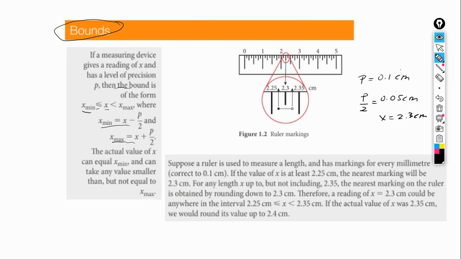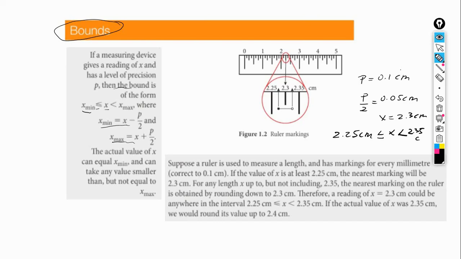And what this means is that our x minimum would be 2.3 minus 0.05. So that would give us 2.25 centimeters less than or equal to x, which should be less than 2.3 plus the 0.05. That would give us 2.35.